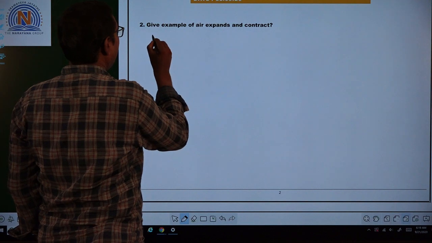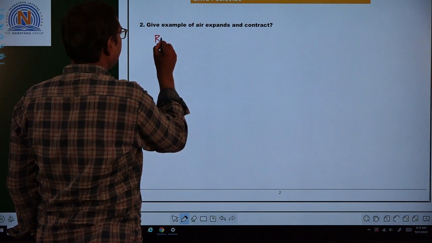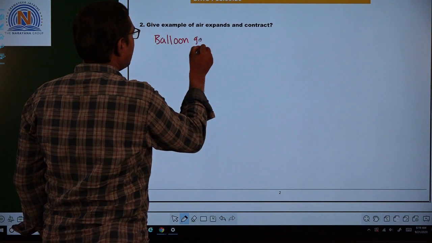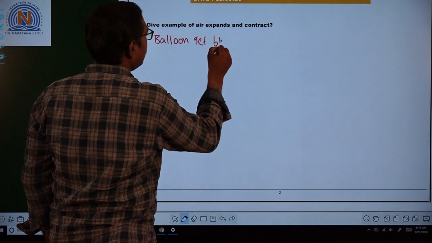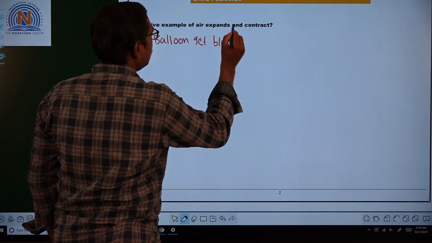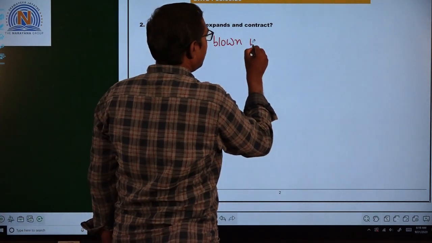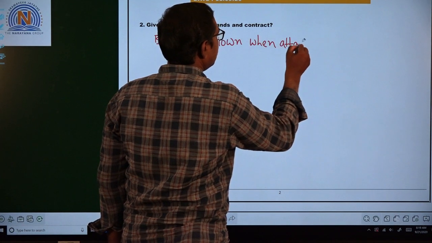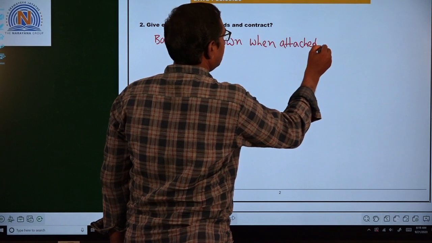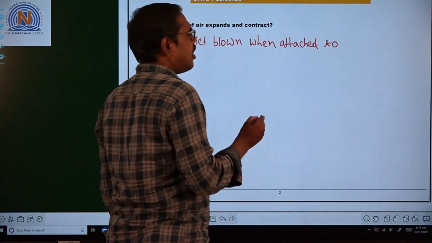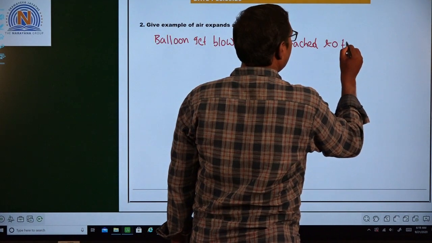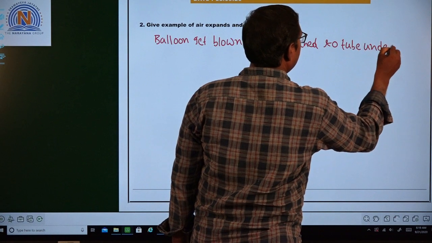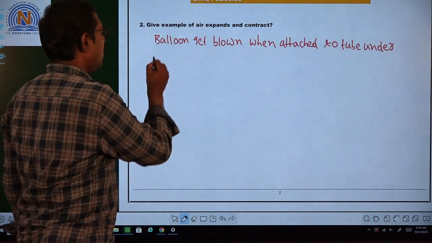So the balloon gets blown when attached to a tube under hot water.